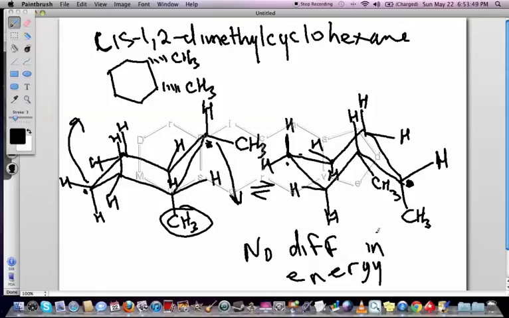Right, let's do trans 1,2-dimethylcyclohexane.